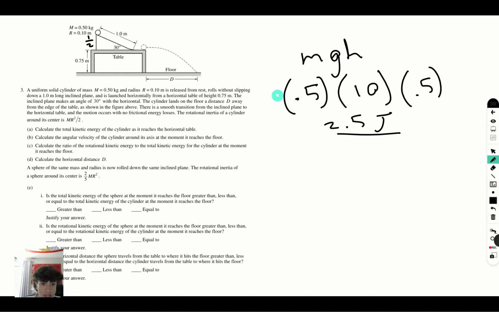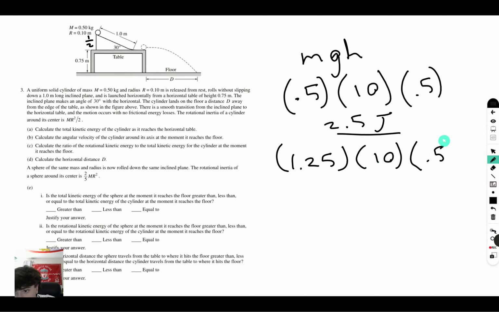So we're going to change the height. Instead of it just being 0.5, it's going to be 0.5 plus this additional 0.75. So it's going to be 1.25 times 10 times 0.5. This will give you 1.25 times 5, which is 6.25 joules, but we're asked to give the angular velocity.